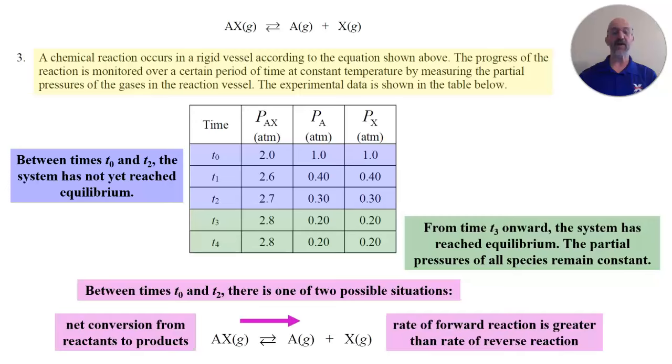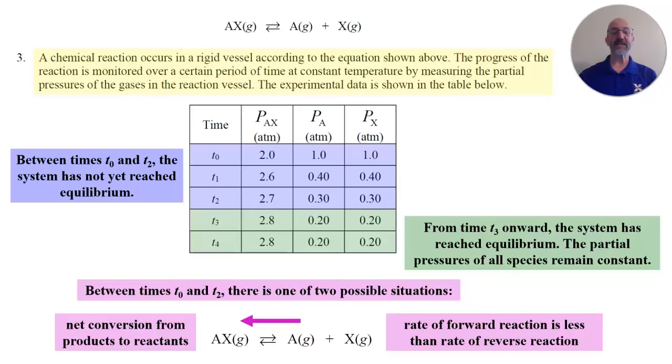We could have a net conversion from left to right, from reactants to products, and if that occurs, then the rate of the forward reaction is greater than the rate of the reverse reaction. On the other hand, there could be a net conversion from right to left, from products to reactants, and if that occurs, then the rate of the forward reaction is less than the rate of the reverse reaction.